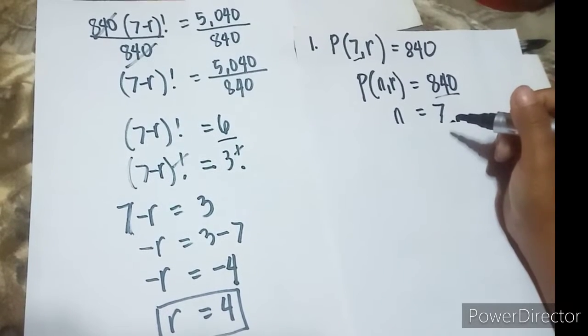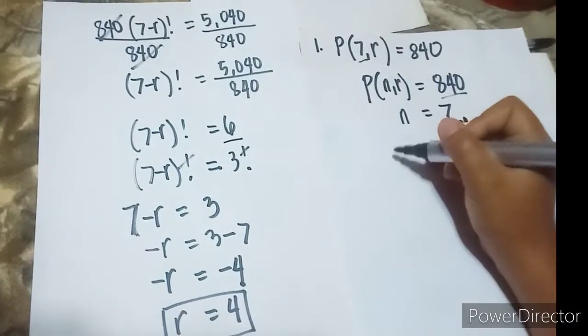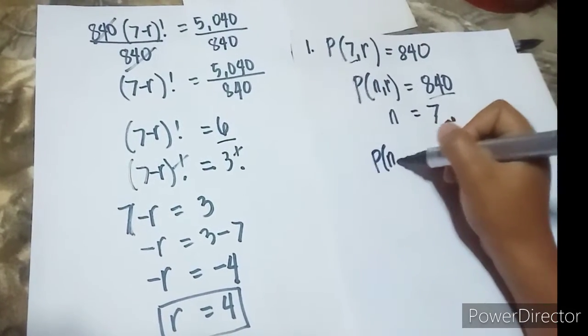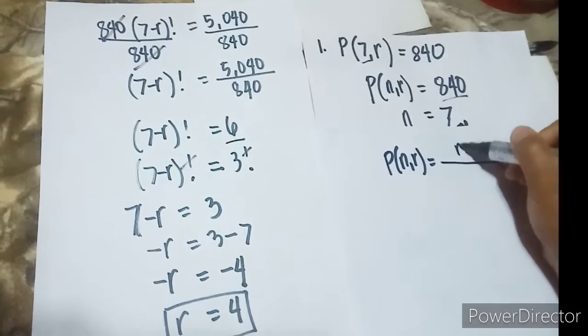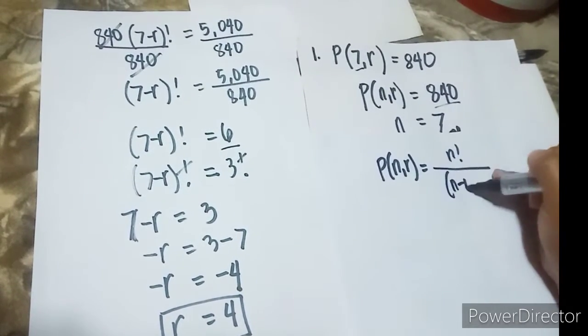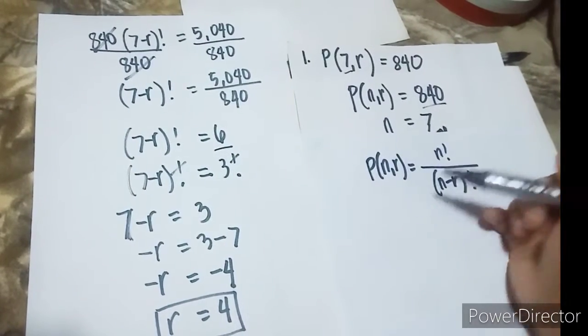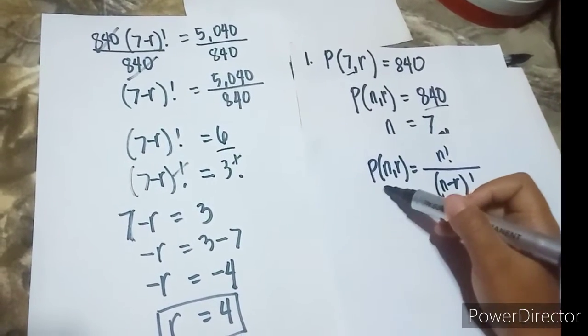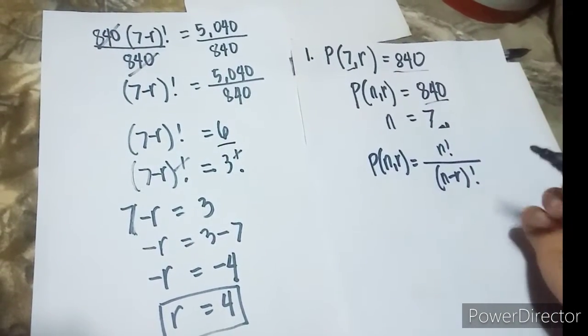Now let's check if our derived value of r is correct. We have permutation of n objects taken r at a time is equal to n factorial over n minus r factorial. So the value for our permutation is 840.